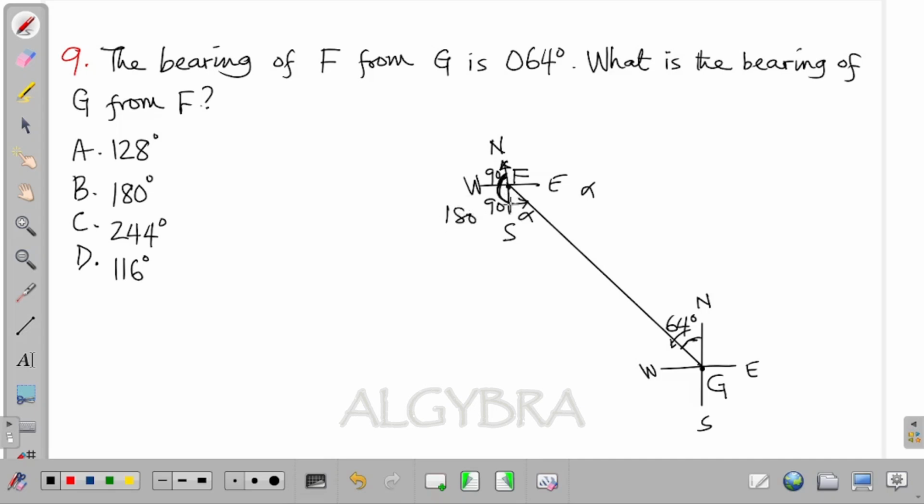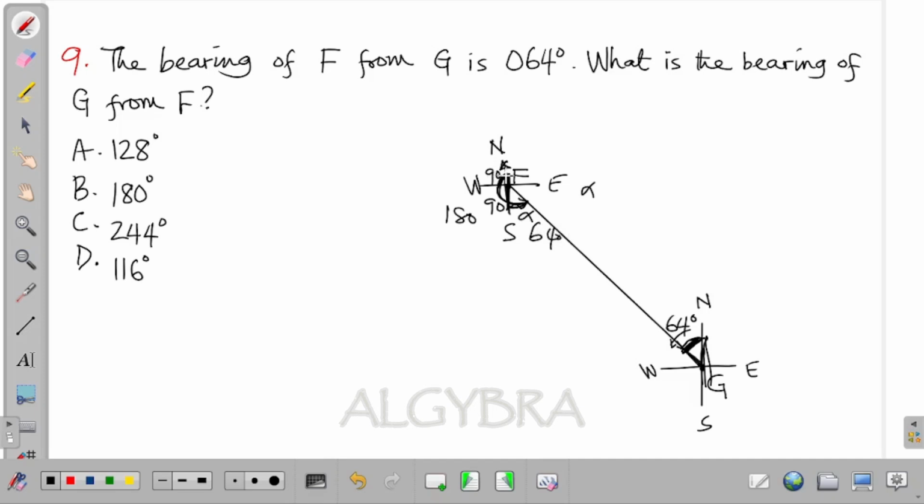Now the angle here is also going to be this, because this is a line, and this particular line here is parallel to this. So we're going to have alternate angles. So this angle is equal to this angle, which is 64 degrees.